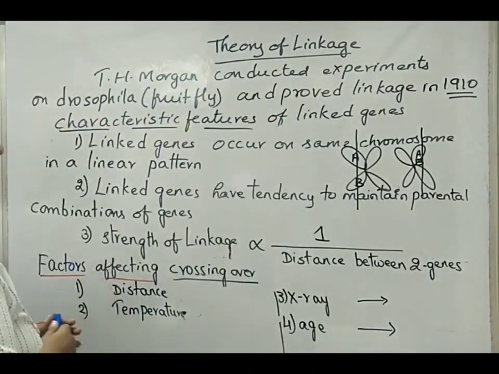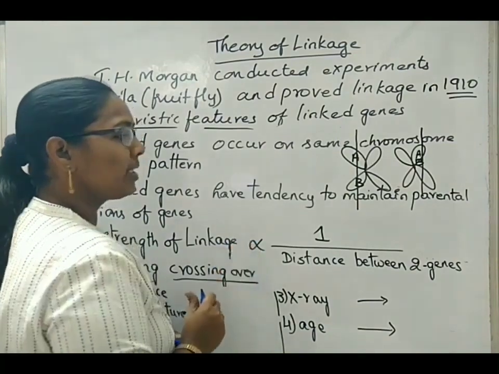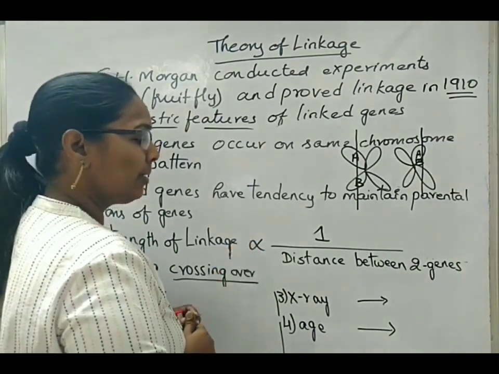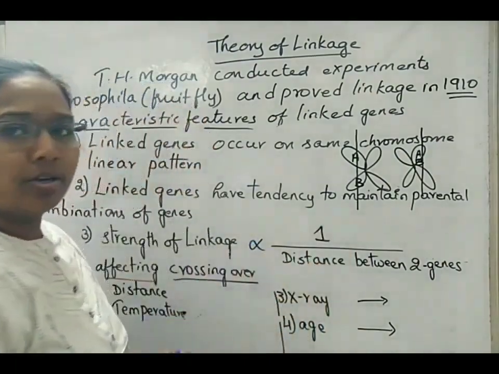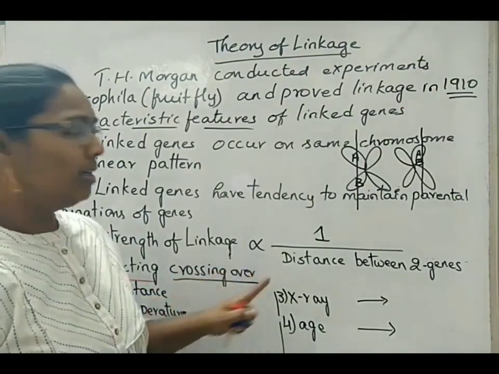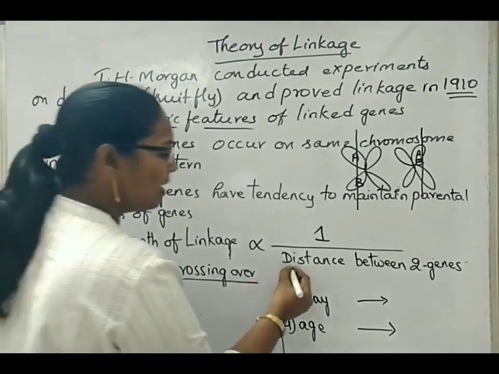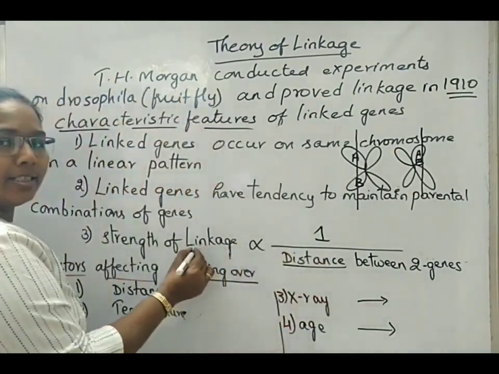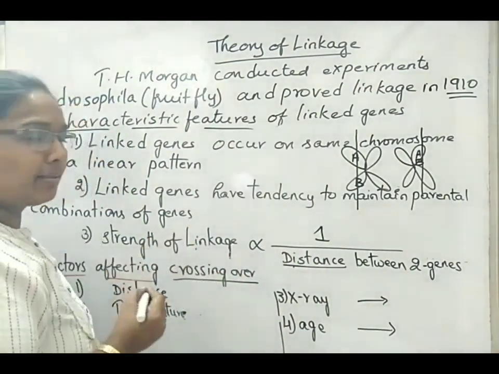Now, strength of linkage. As we have said, when linked genes are far away from each other, there is more chance for crossing over. Basing on that concept, we can say strength of linkage is inversely proportional to the distance between the two genes. It means that as the distance increases, linkage decreases.